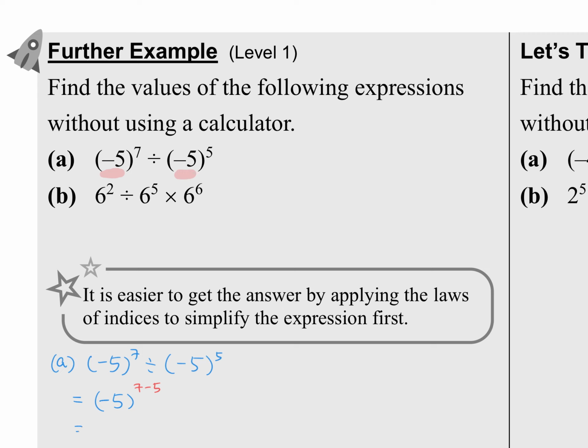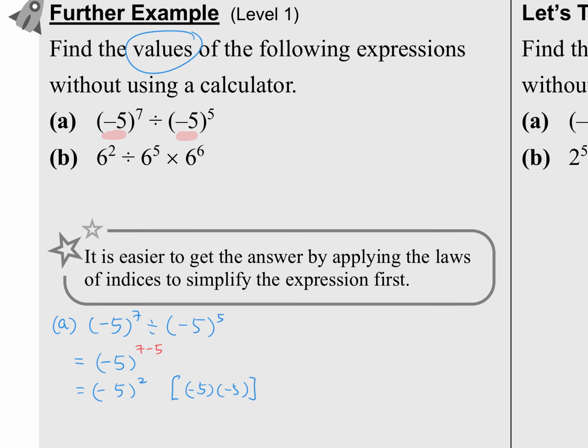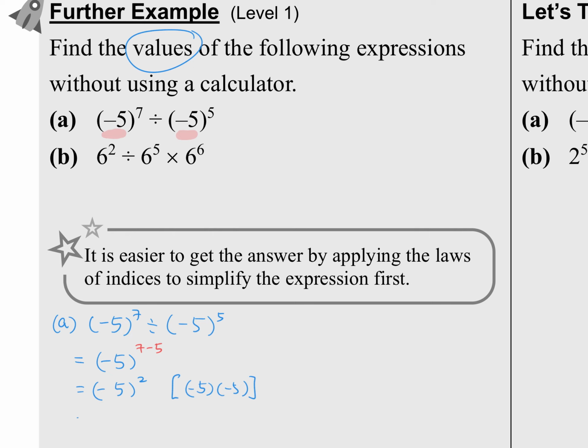For the final index, it is negative 5 to the power 2. But we have to find the value. What is it? First of all, it means negative 5 times negative 5. It multiplies itself 2 times. This is the meaning of the power 2. And so at the end, negative times negative becomes positive. And so at the end, positive 25 for part A.